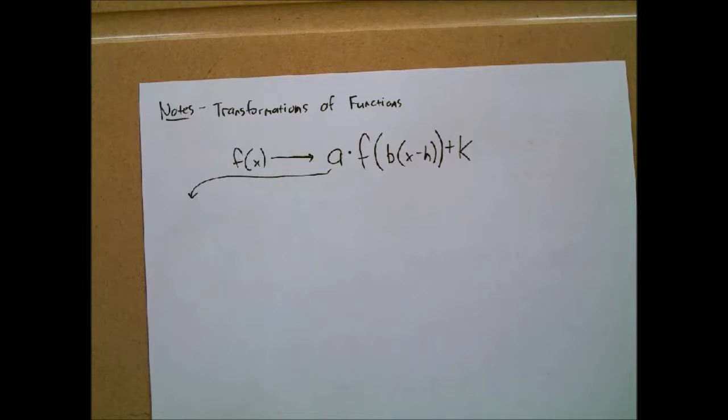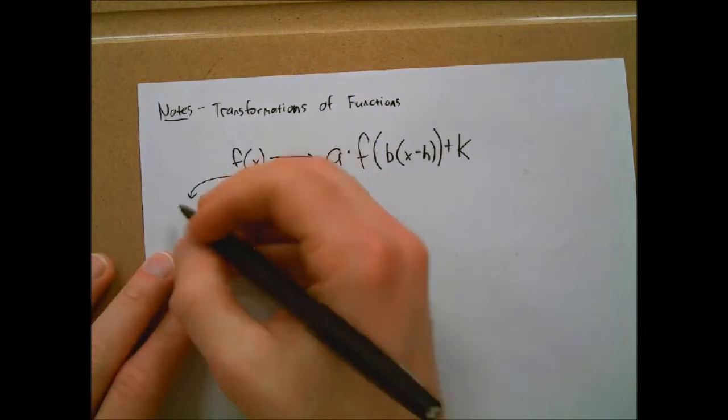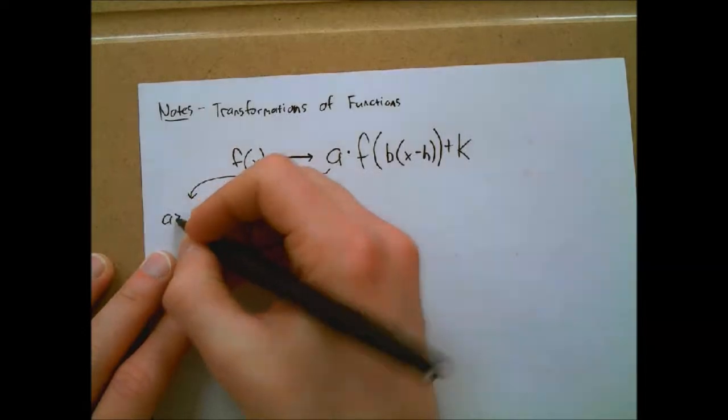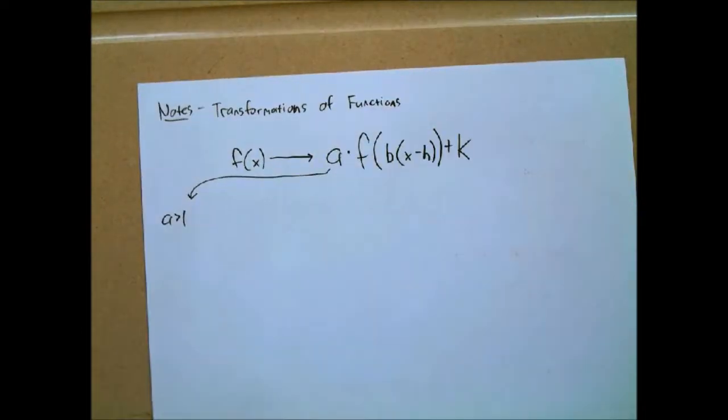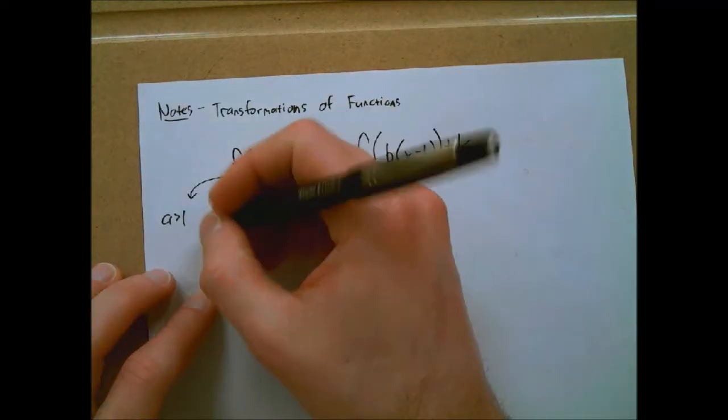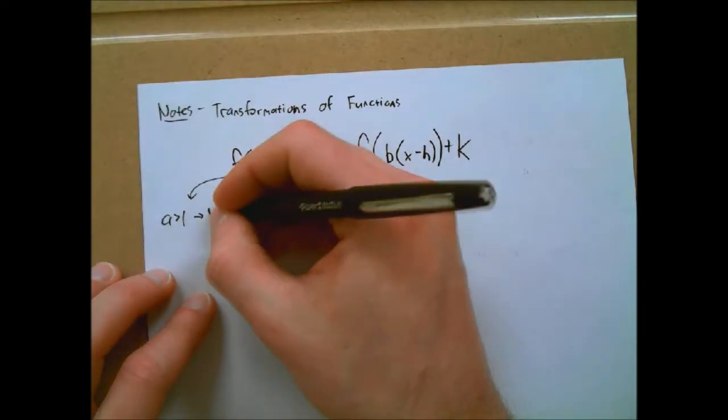Okay. So, specifically, if A was greater than 1, so if the number in front was bigger than 1, was that a stretch or a shrink? It was a stretch. Okay, so vertical stretch.